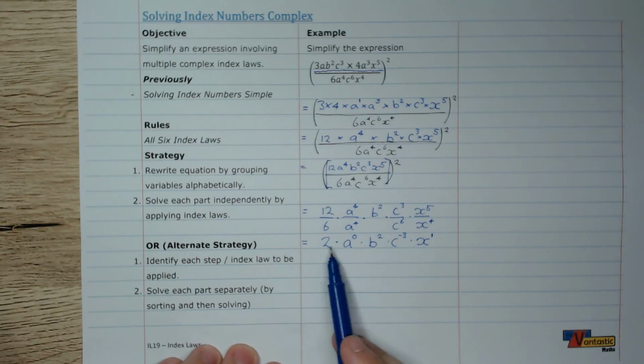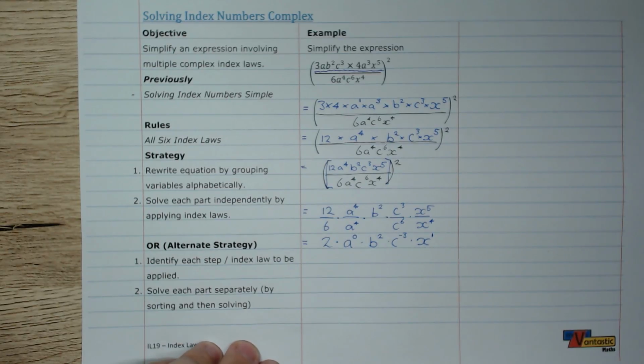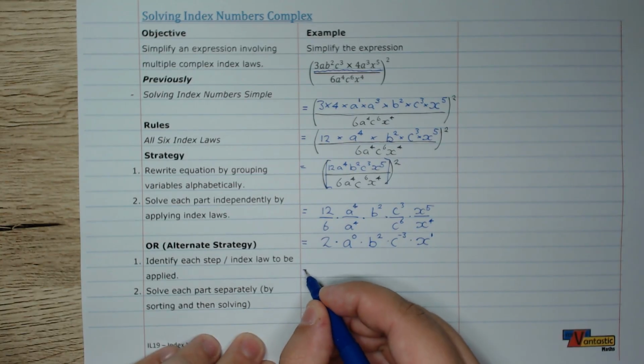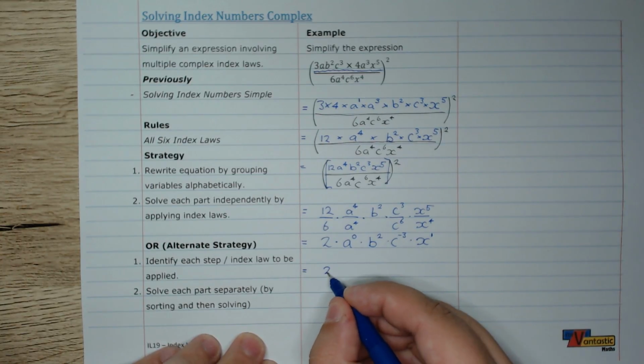Now I've got a few instances here where I can use my 4th, 5th, and 6th index laws. So I'll tackle that. 2 stays.